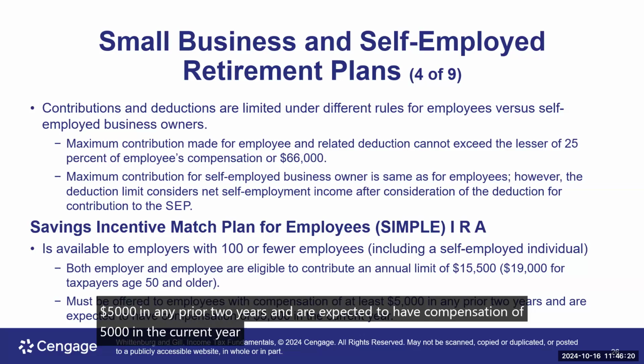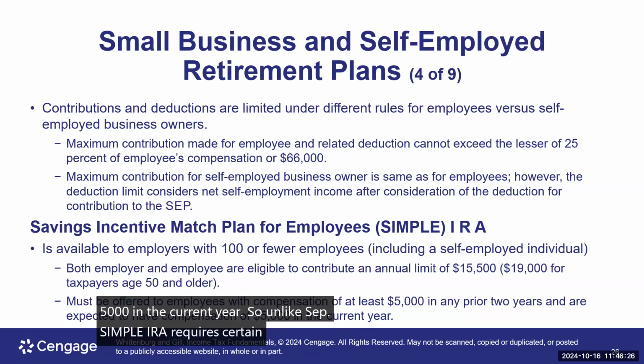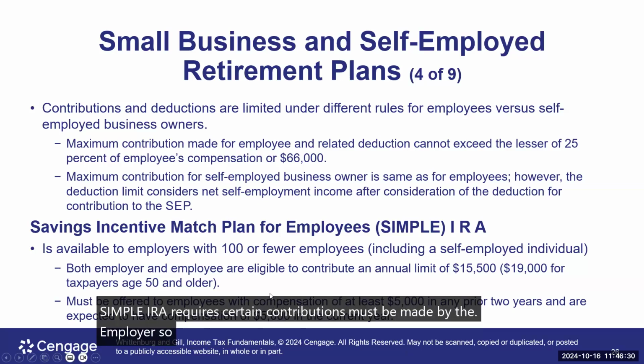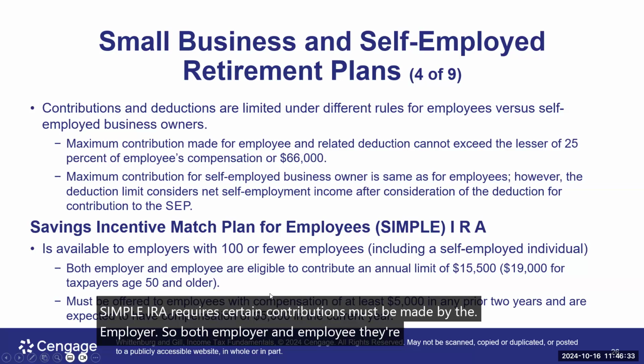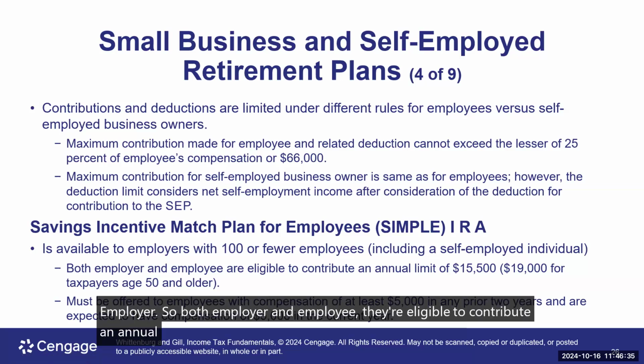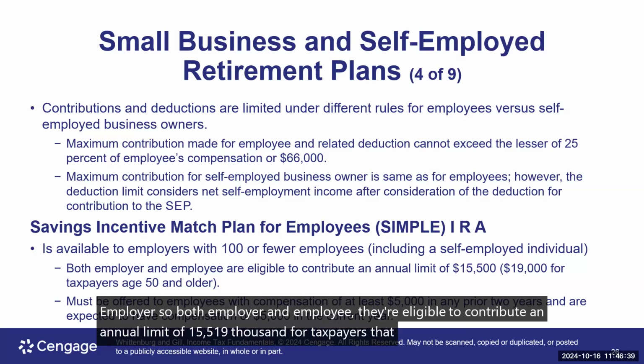So unlike a SEP, a SIMPLE IRA requires certain contributions to be made by the employer. Both employer and employee are eligible to contribute an annual limit of $15,500, or $19,000 for taxpayers age 50 and older.